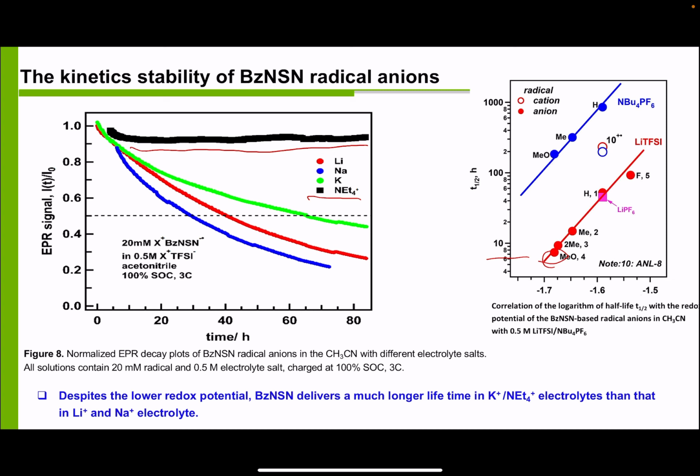On the other hand, the lithium generates much shorter kinetic stability, evidenced by much shorter lifetimes. But there's not a very consistent trend, as sodium actually gives the shortest lifetime. We don't really know why, but this is the assumption we want to investigate later.